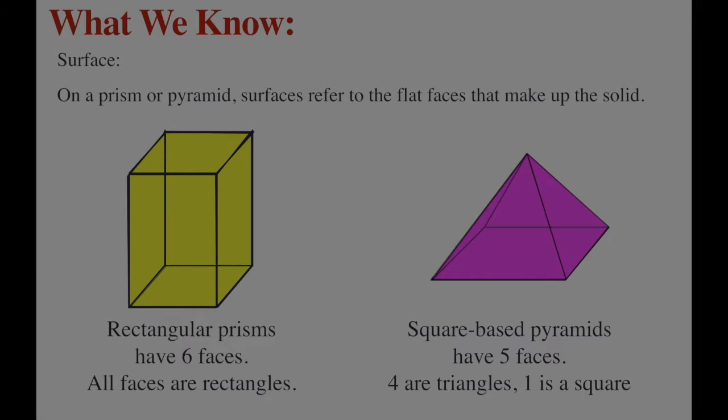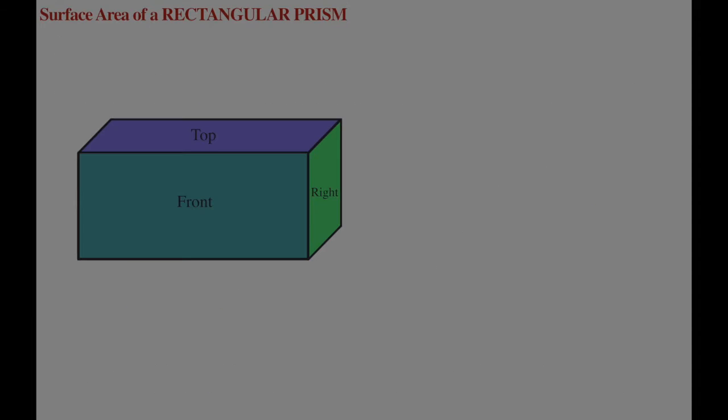If we look at a square-based pyramid, you can see there's a square on the bottom, and a whole lot of triangular sides: front, back, left, and right. So that's what we're talking about with prisms and pyramids: 3-dimensional shapes, and we've got to find the area of each side and add them together.